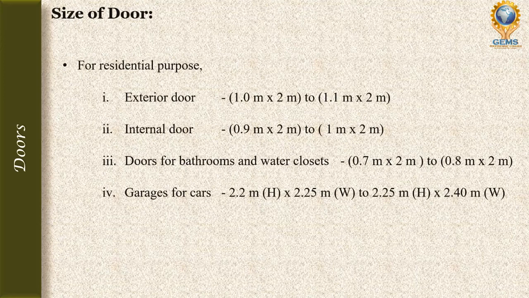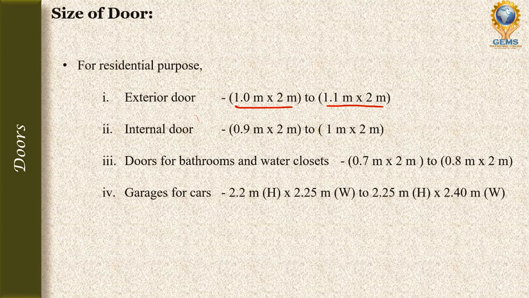Those are the exterior doors, because if you communicate, we will go out. So what is the size? The size lies between 1 meter by 2 meter to 1.1 meter by 2 meter. So this is the size of the exterior door.